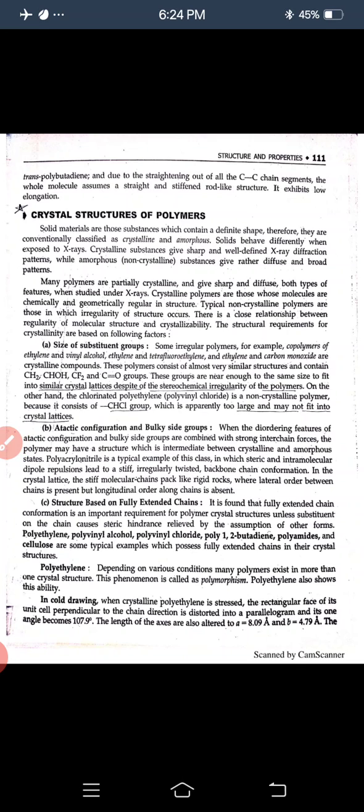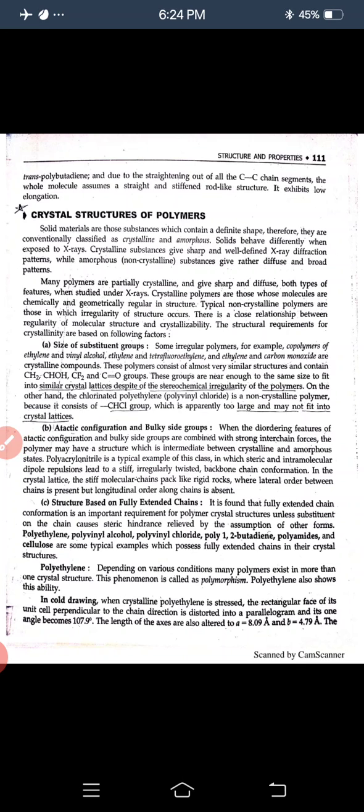Size of substituent group. Some irregular polymers, that is copolymers of ethylene and vinyl alcohol, ethylene and tetrafluoroethylene, and ethylene and carbon monoxide, are crystalline compounds. These polymers consist of almost very similar structure and contain CH2, CHOH, CF2 and C=O groups.